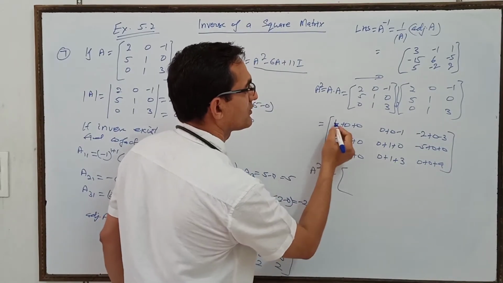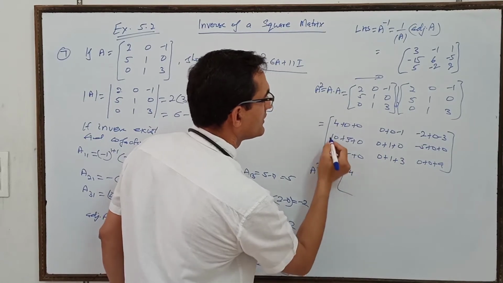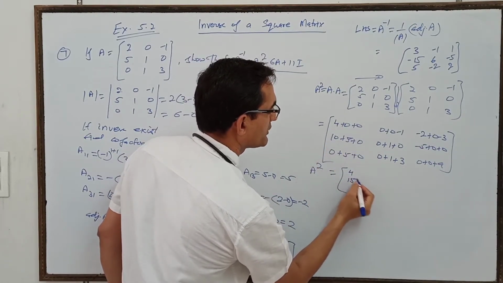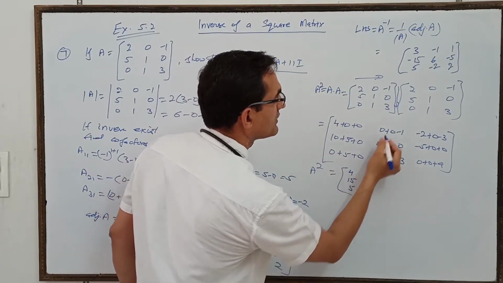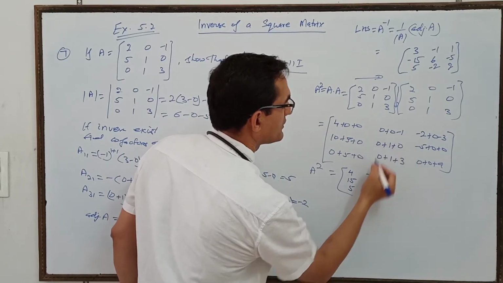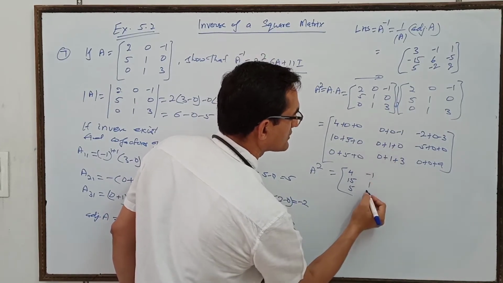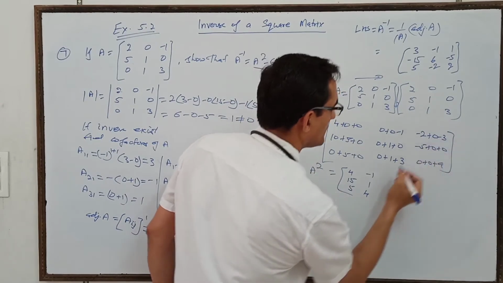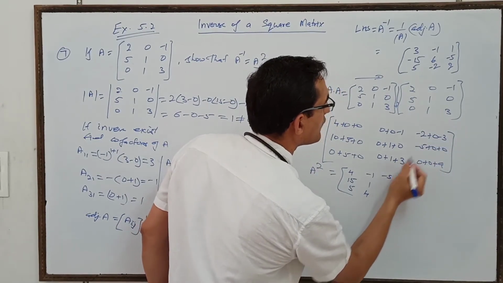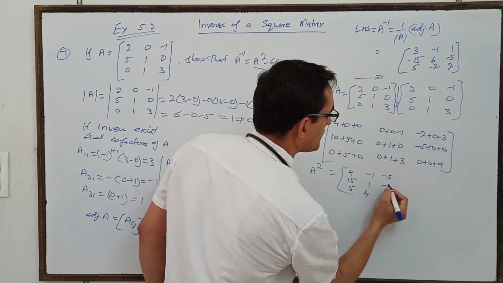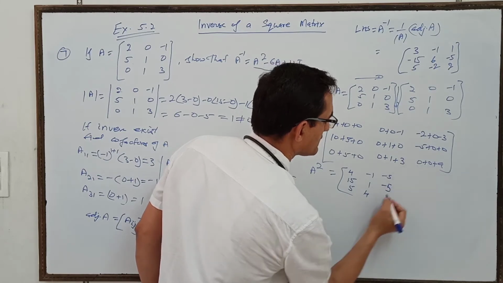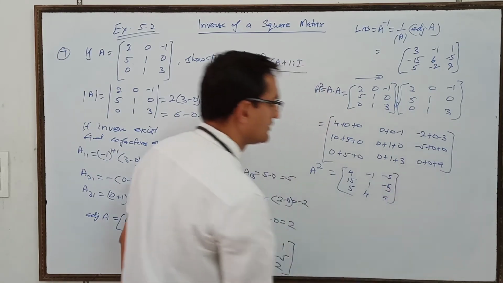A square is equal to 4, 10 plus 5 is 15, 5, minus 1, 1, 3 plus 1 is 4, minus 5, minus 5, and this is 9.